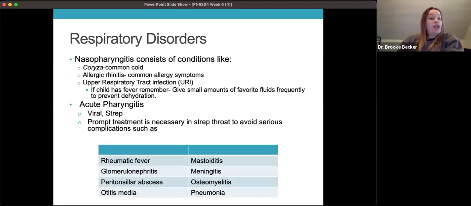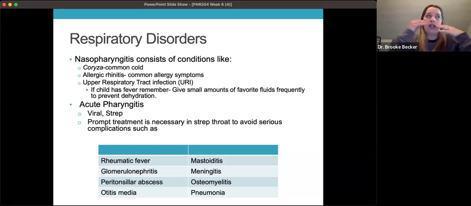Okay, so nasopharyngitis. So this is inflammation of your nasal passages and your pharynx, so in the back of your throat. Coryza is a term just for common cold. Okay, so coryza, common cold, if you see that in an exam or in a question somewhere, means the same thing. Allergic rhinitis, so this is inflammation due to allergies.